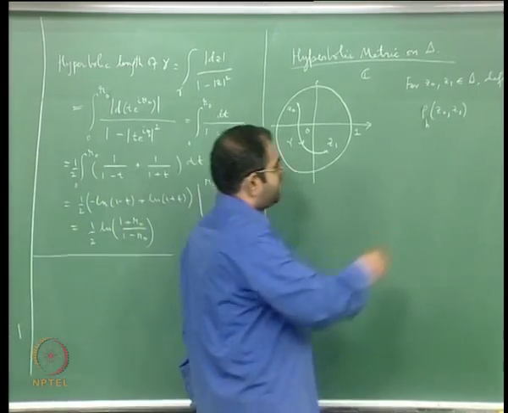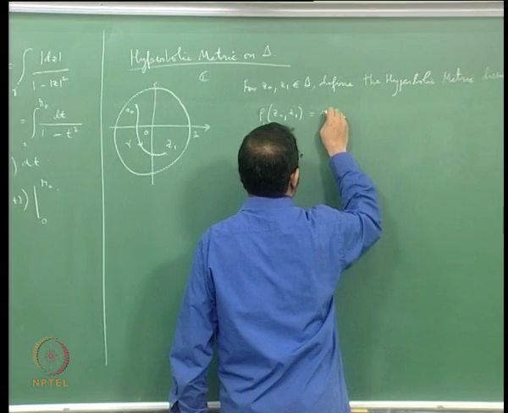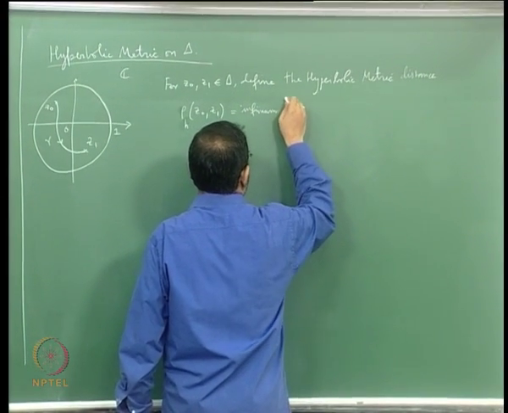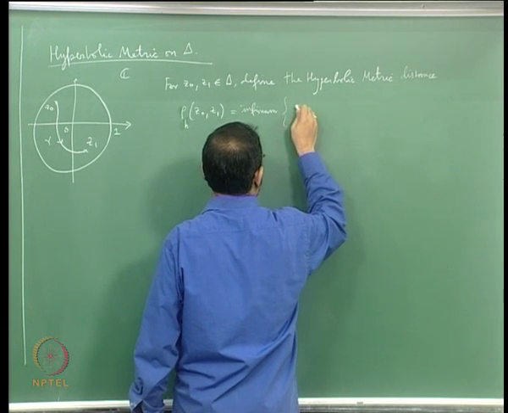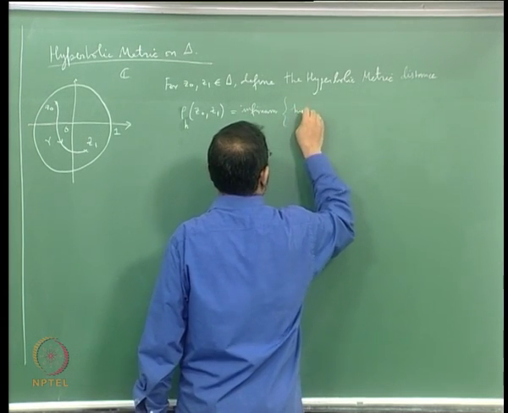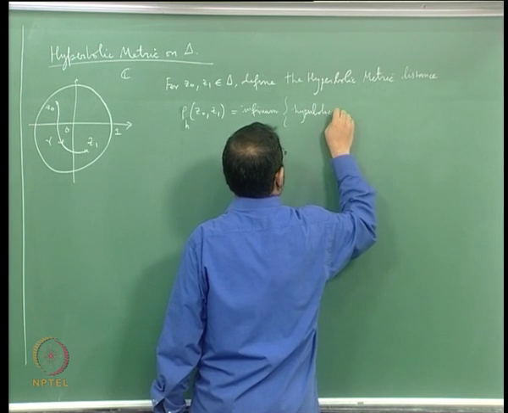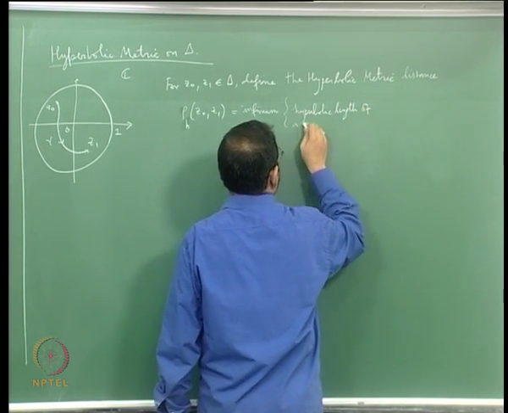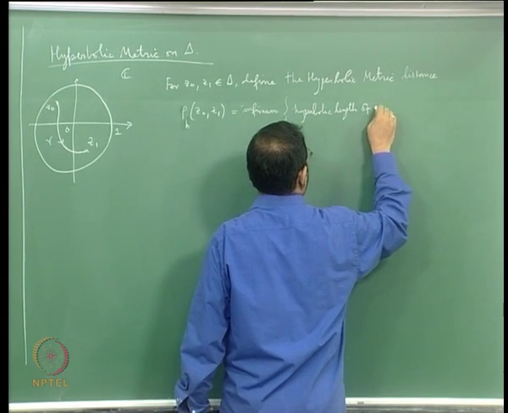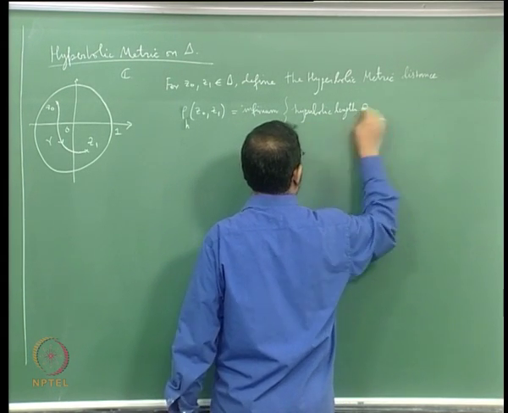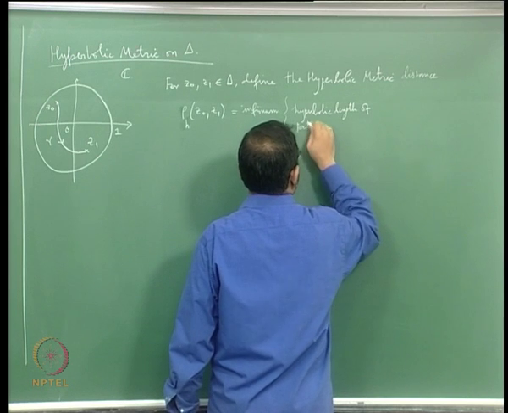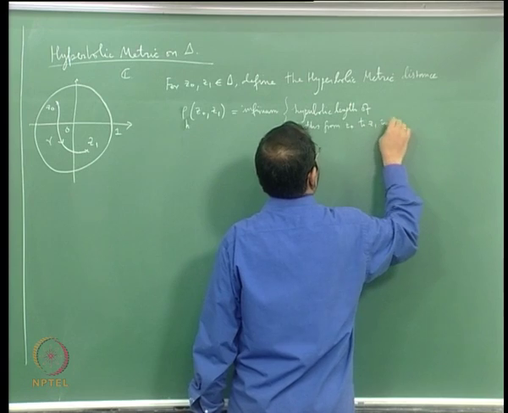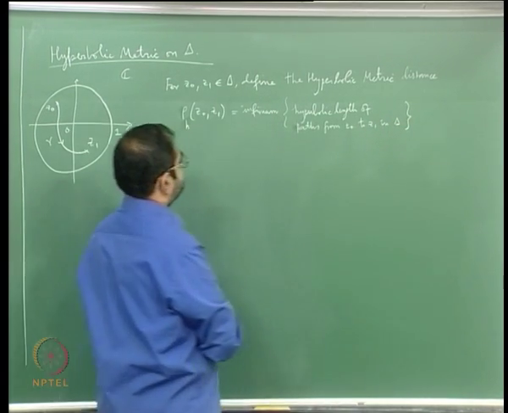So here is the definition: this is equal to the infimum of hyperbolic length of paths from z0 to z1 in the unit disk.